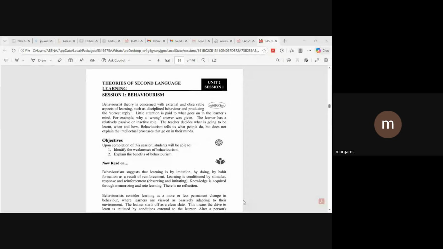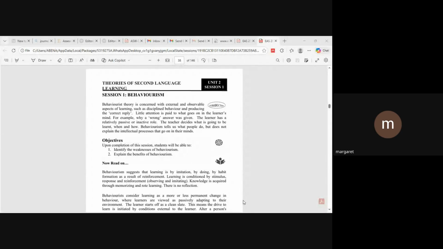For example, if, like I use the instance of the noun, if the learner is unable to identify the nouns, and for some time I've been repeating it, the series of activities that I will do to ensure that the learner is able to produce the output that I want is what we call reinforcement. It can be positive or negative. We will delve into that.